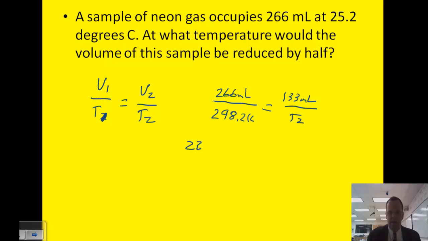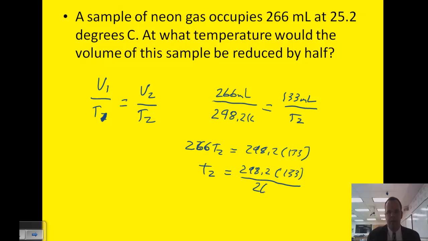Cross multiply, 266 T2 equals 298.2 times 133. Divide: 298.2 times 133 divided by 266.